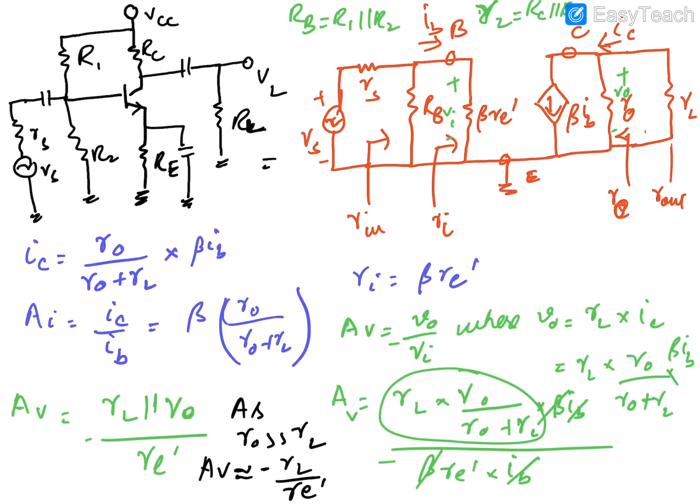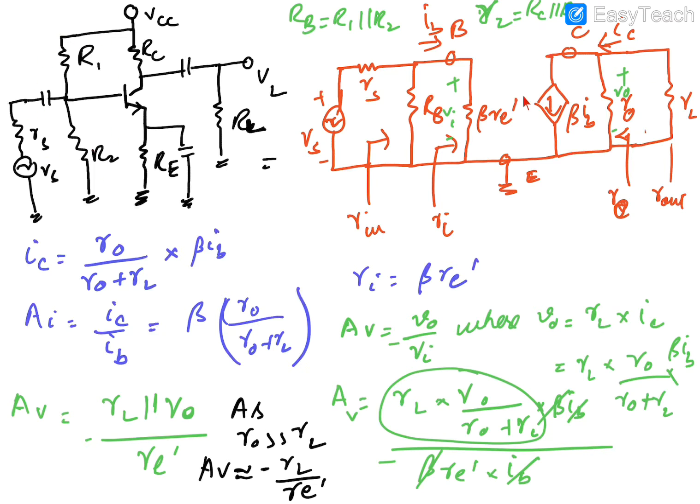As you can see, beta RE dash is connected between base and emitter terminal. This is the model we have used for common emitter amplifier, and also beta RE dash is in parallel with RB. RB is basically parallel combination of R1 and R2.